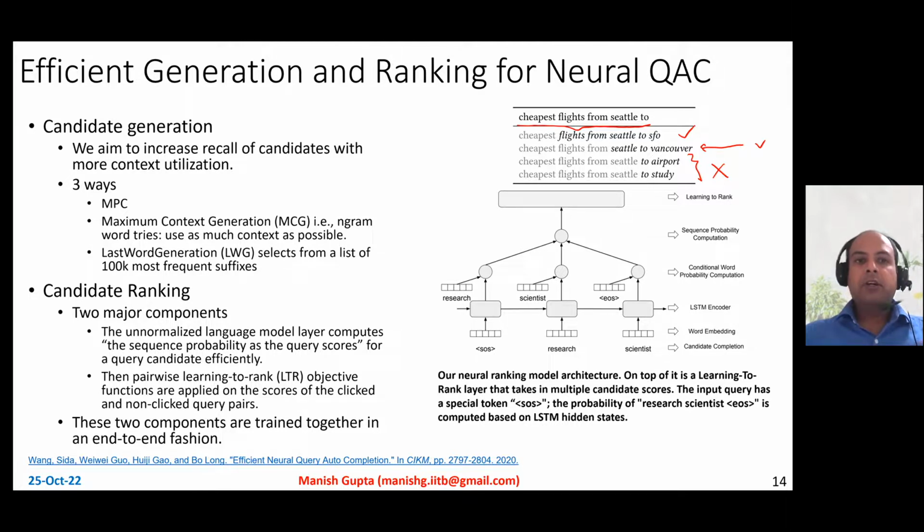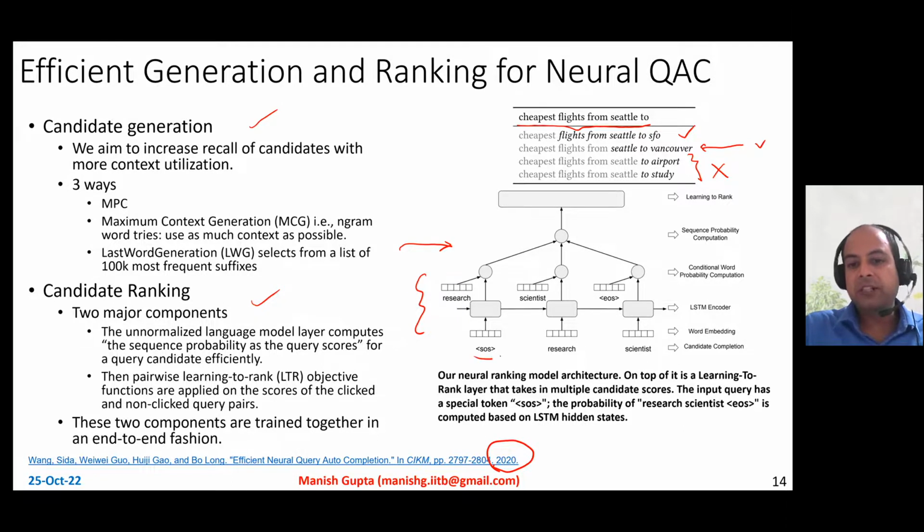Accordingly, these folks proposed in 2020 an interesting model which does candidate generation and candidate ranking. The ranking is done using an LSTM based model. This LSTM based model has two main components. Of course, one is an LSTM. Using a large query log, you basically train this LSTM part in a next word prediction kind of scenario.